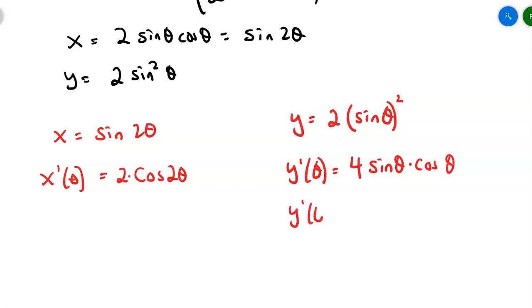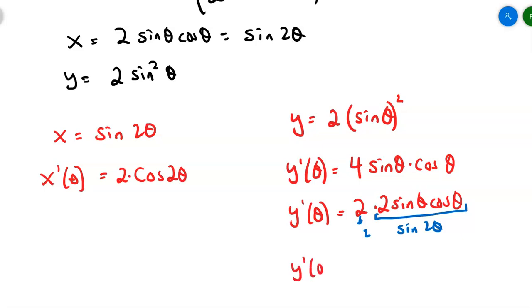So I get y prime of theta is equal to, let me write this as 2 times 2 sine theta cosine theta. Oh, look at this. 2 sine theta cosine theta, we said before, was a sine of 2 theta. Carry down that 2, and now I've got y prime of theta equals 2 sine of 2 theta. All right, good.